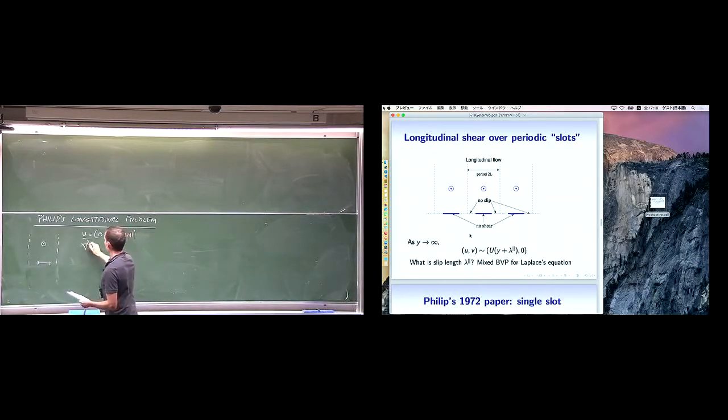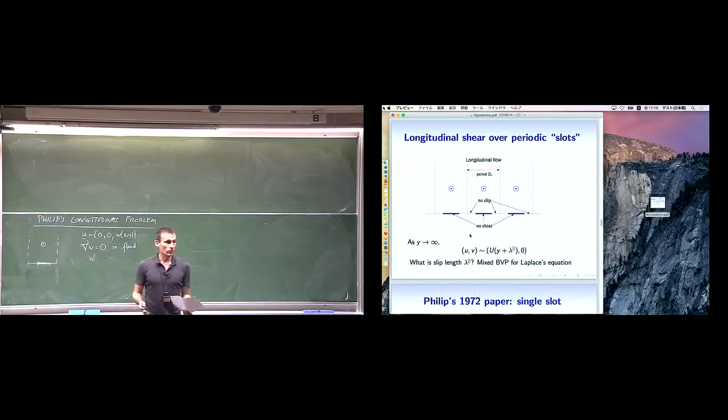Okay. So, we've got del squared W is 0 in the fluid. Let's do red and blue. Red is no slip, blue is the slots. So what's W got to be on the red, on the no slip? 0. Because you don't want any velocity on the no slip surfaces.